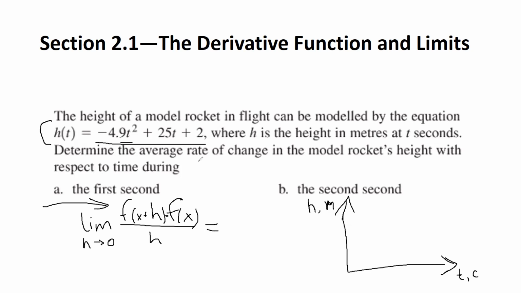So what they're asking us is to find the average rate of change. That's right away what I'm picking up. If they ask for average rate of change, it brings me an idea of the limits right away. If they would ask me for an instantaneous rate of change, what would you do? Wait just a second.